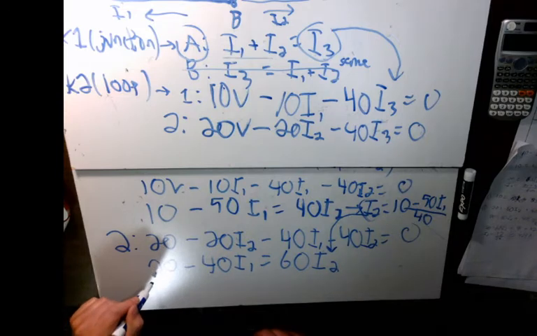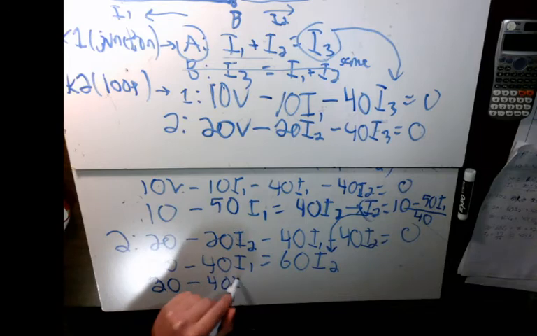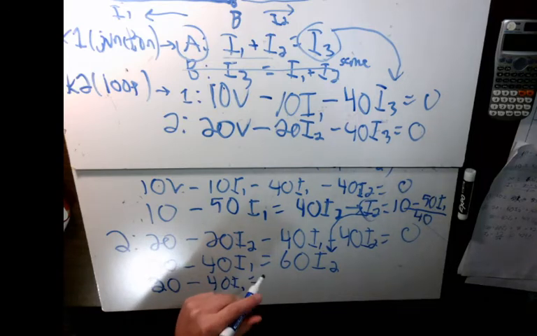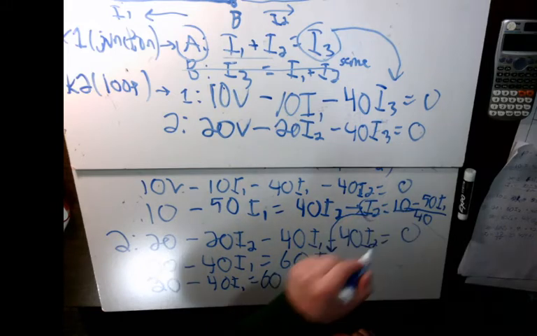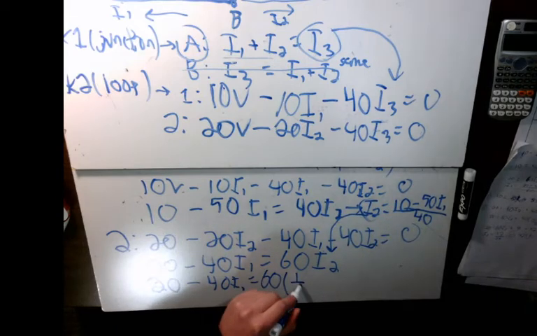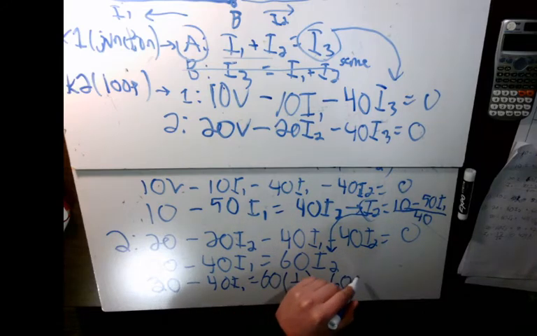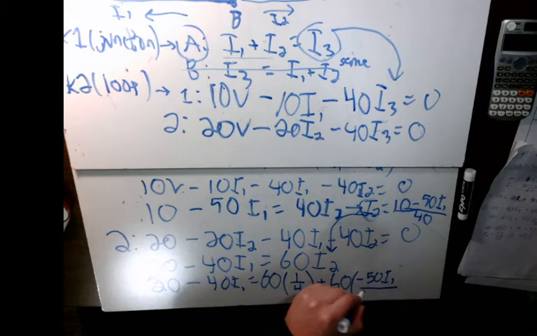We have 20 minus 40I1 equals 60 times, I'm going to break that up into two fractions, 10 over 40 or 1 over 4, and then plus 60 times negative 50I1 over 40.